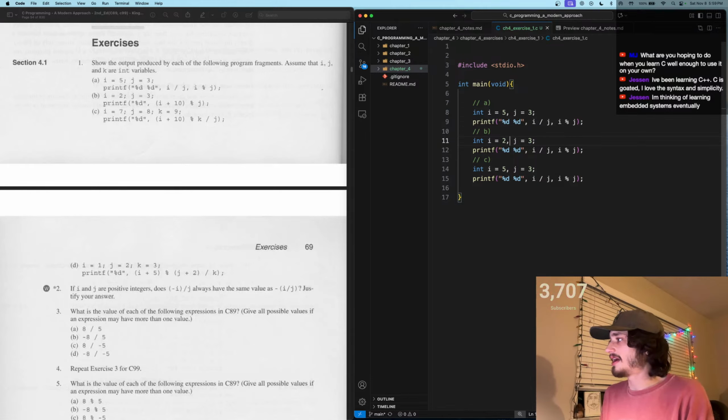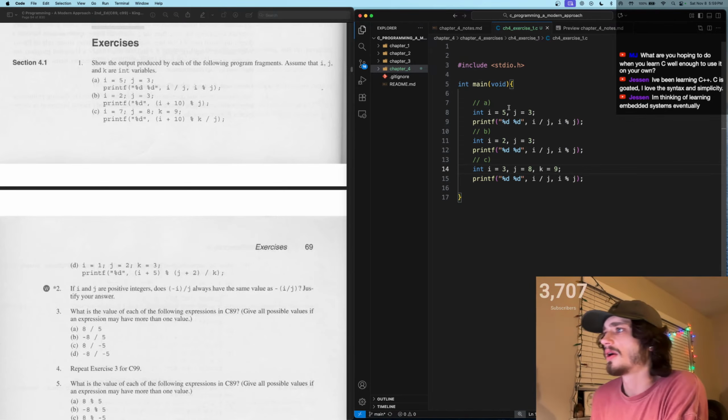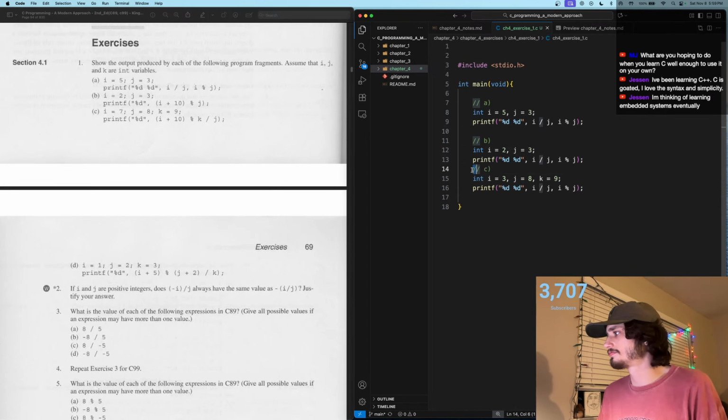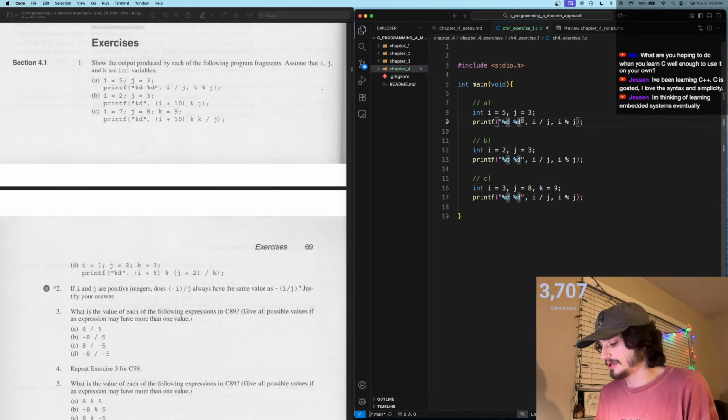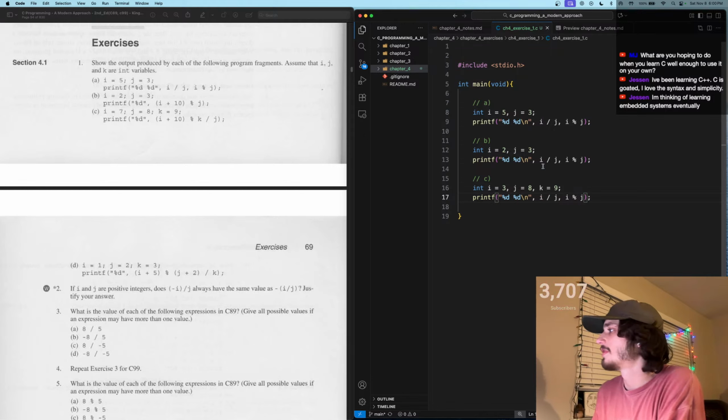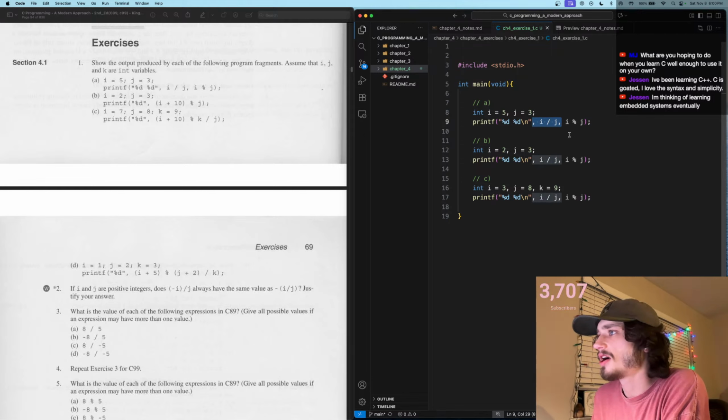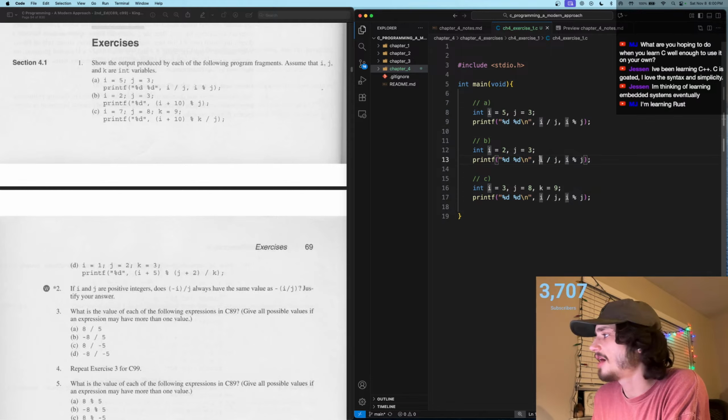So let's say this is i is 2 and 3, and then 7 and 8, and this one has a k value. k equals 9. Okay, so let's spread these out a little bit. And we'll also put \n here. So this one gets i divided by j, i modulo j, and i plus 10.